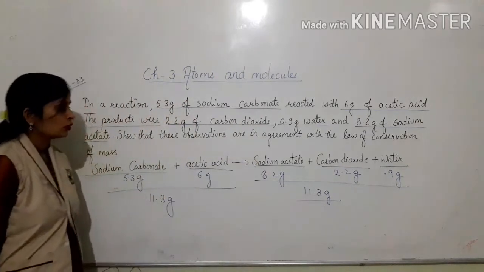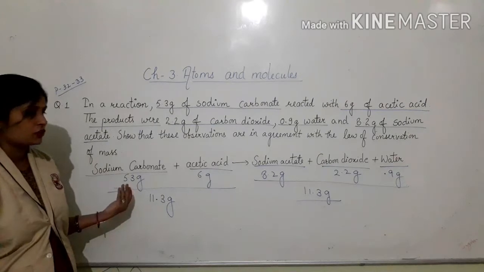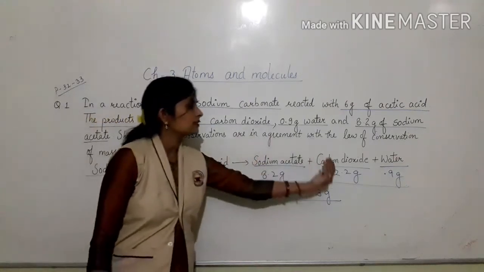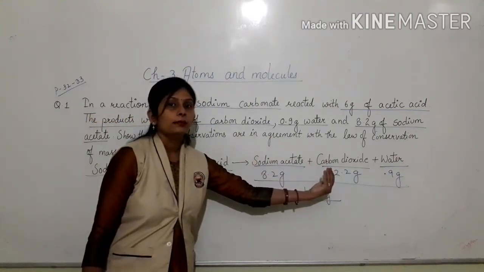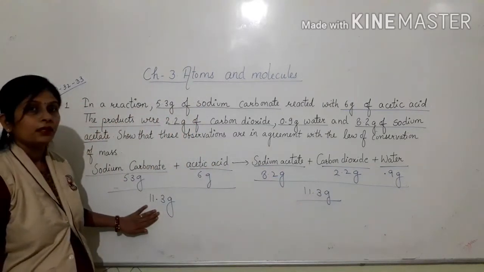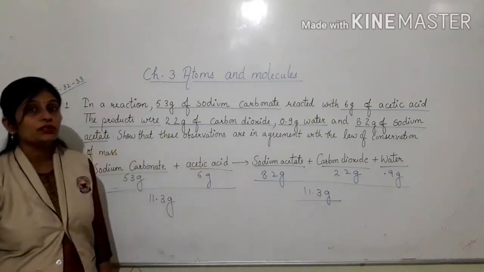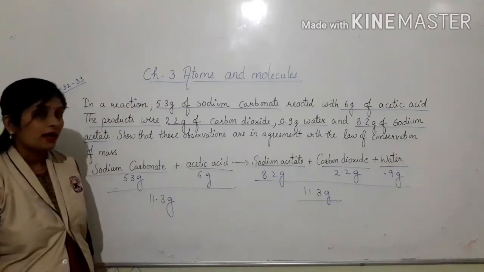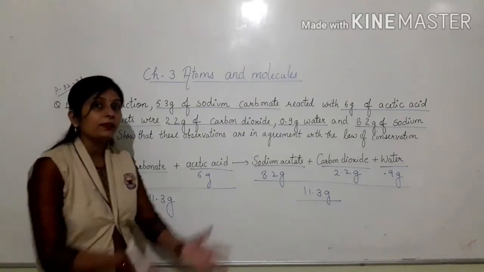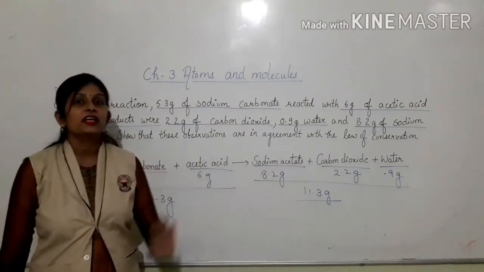So the total mass of the reactants, means before reaction, and the total mass of the products, means after reaction, are the same: 11.3 gram, 11.3 gram. This shows that mass can neither be created nor destroyed in a chemical reaction.